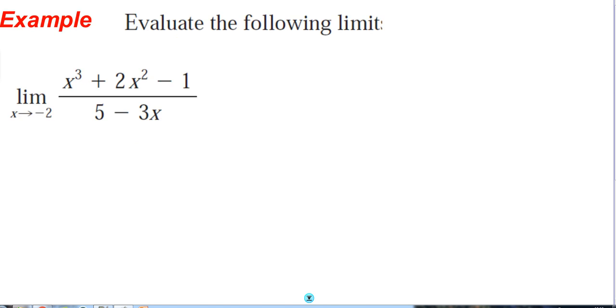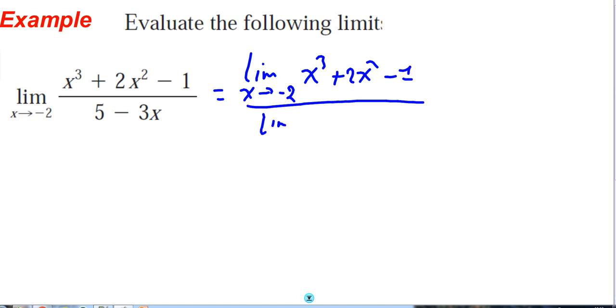Okay, let's do some examples. So we want to find the limit as x approaches negative 2 of this quotient here. This is the same as the limit as x approaches negative 2 of x cubed plus 2x squared minus 1 divided by the limit as x approaches negative 2 of 5 minus 3x. So it's a quotient here. And the numerator is a polynomial, so we simply substitute negative 2 in that polynomial.